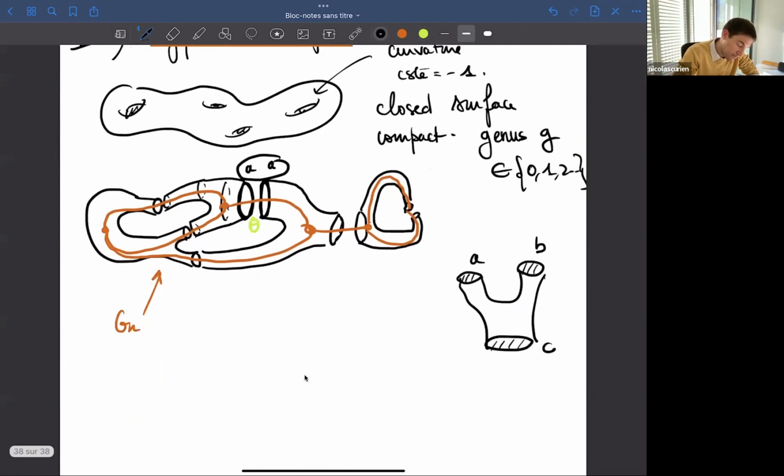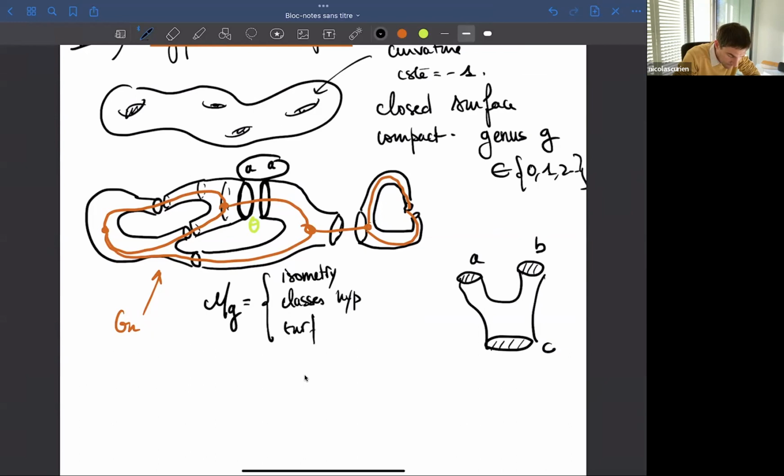So once you do that, you have Mg. What is this? This is the isometry classes of hyperbolic surfaces which are compact with genus g.